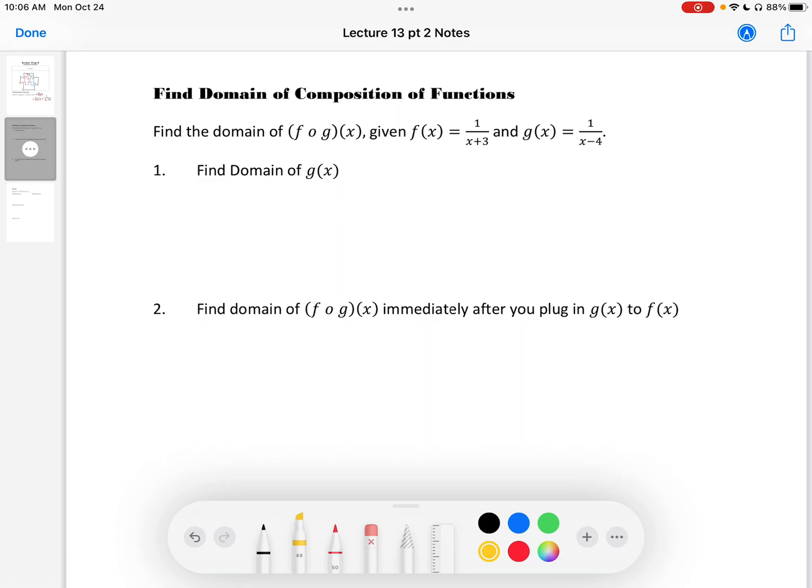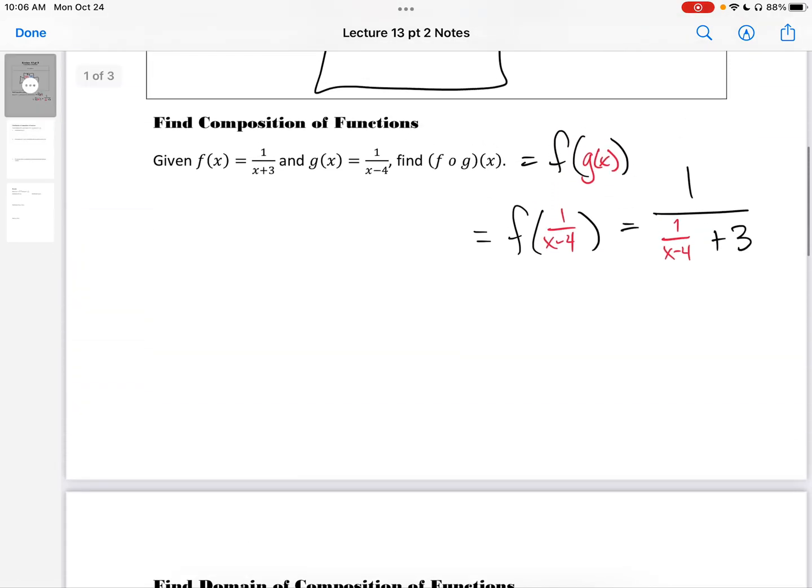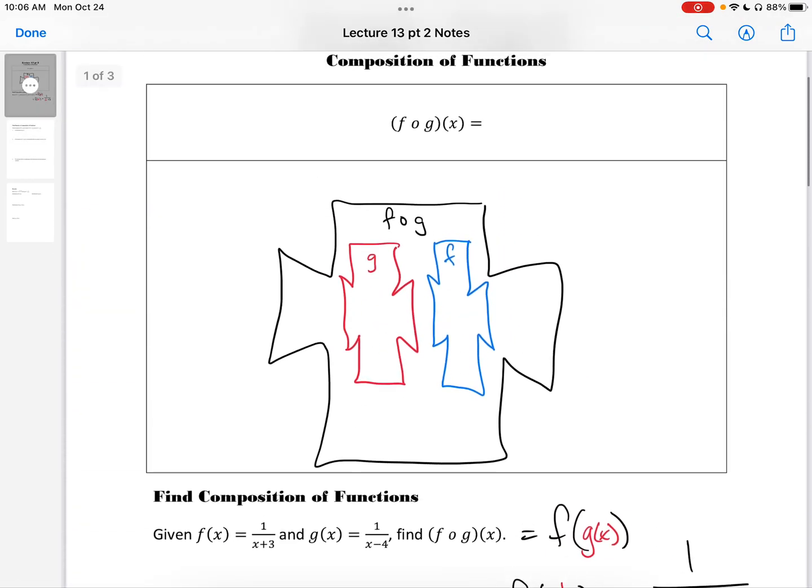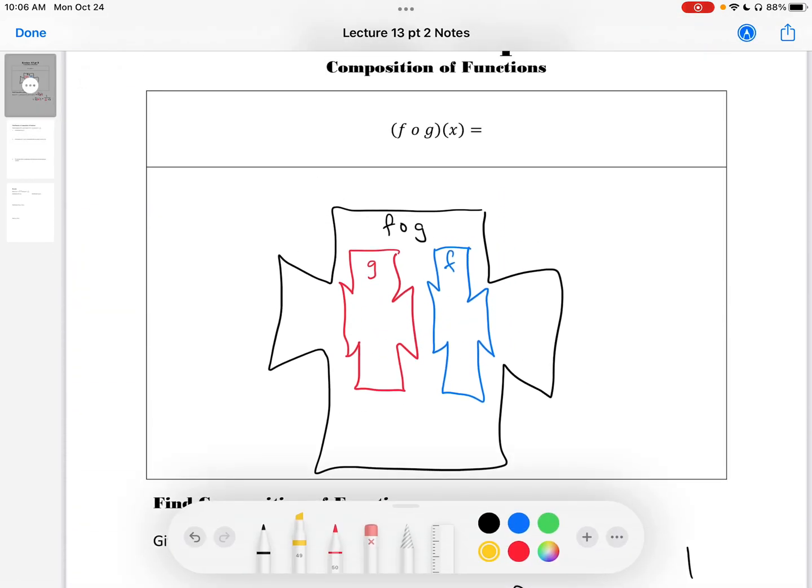Now, to think about what we need to be paying attention to, let's go back to what we did on the first slide here. Okay, so remember we had our picture here, and you are going to have your x value. Now, what is the first thing? Because remember, we're always thinking about our input goes into our function.